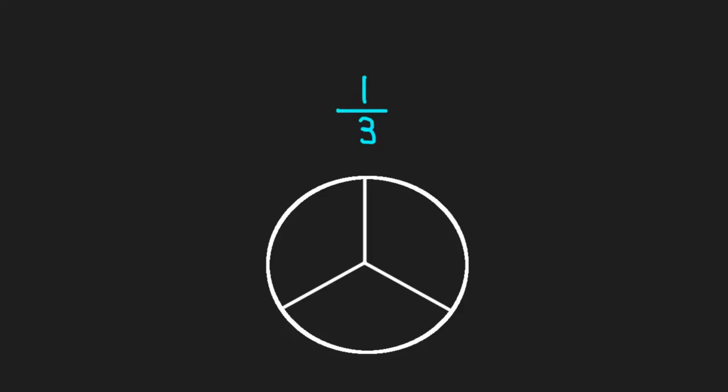We're going to cut it into 3 equally sized pieces. So again, the denominator, the number on the bottom, tells us how many equally sized pieces to cut our pie into. How many of these 3 pieces are we going to have? Well, we're going to have 1 out of the 3. That's what the numerator tells us.